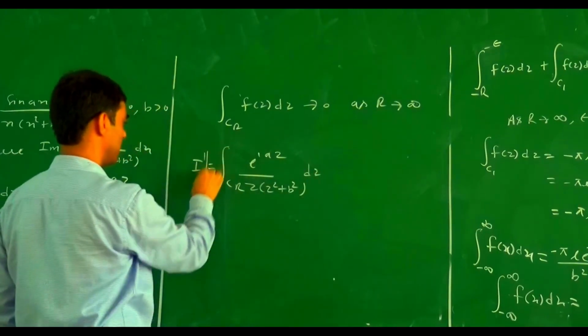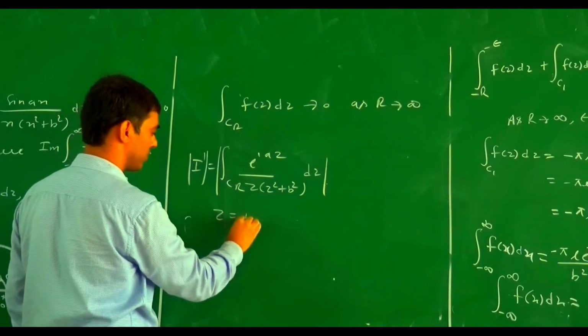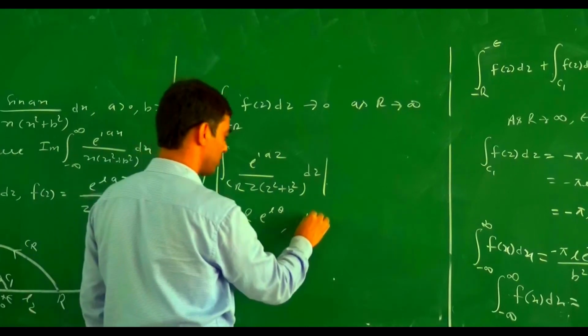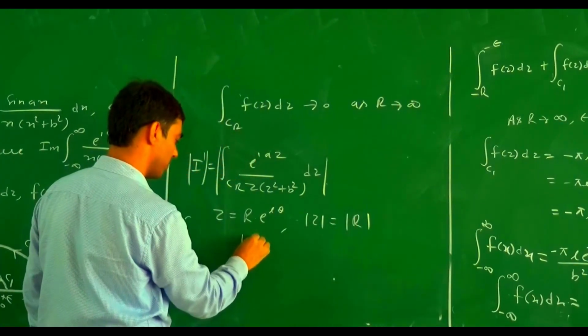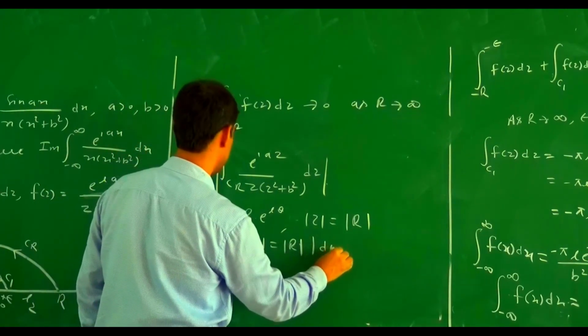Taking the modulus of both sides, using z equals r e to the power i theta, the modulus of z equals r and the modulus of dz equals r times the modulus of d theta.